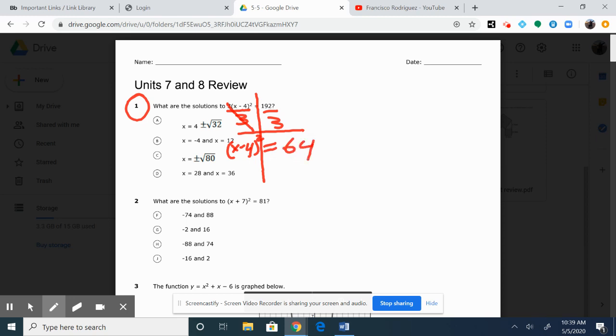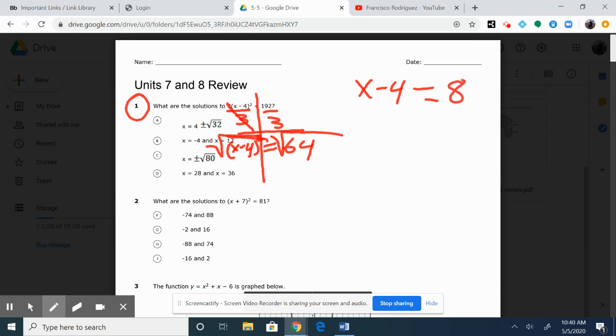So now that we have that, we want to cancel out the squared. To do that, we're going to take the square root of both sides. So x minus 4, that cancels out the square, and then we take the square root of 64. The square root of 64 is 8.